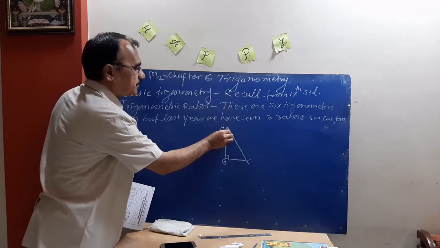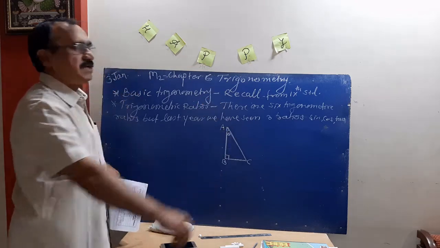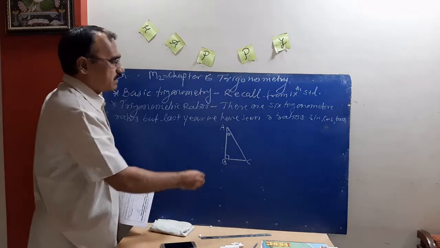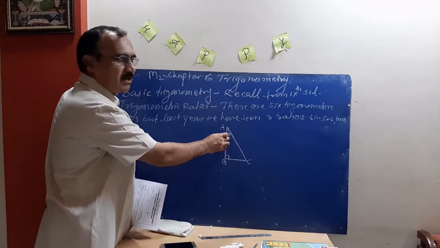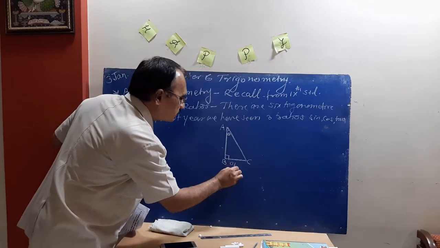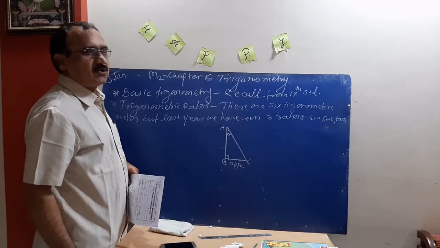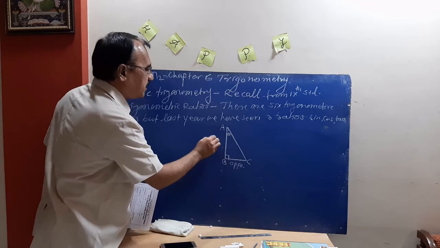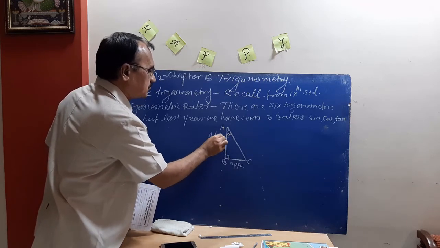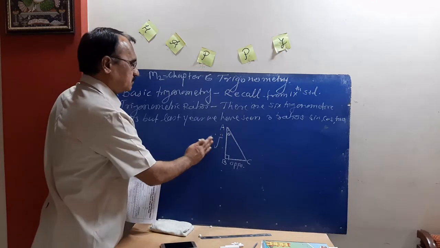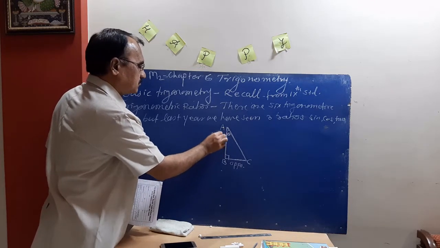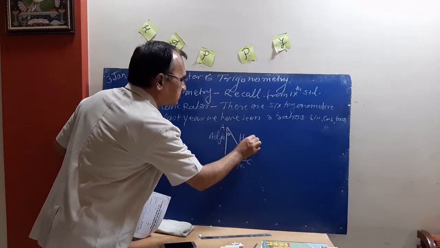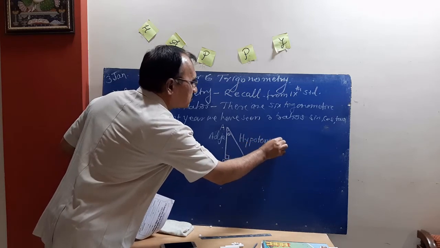If we consider here angle A is theta, then we can say the opposite side of this angle is BC. Then adjacent side of this angle is AB, and this is hypotenuse.